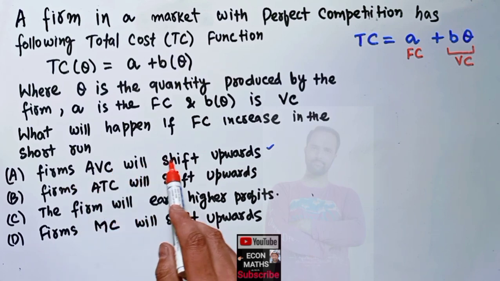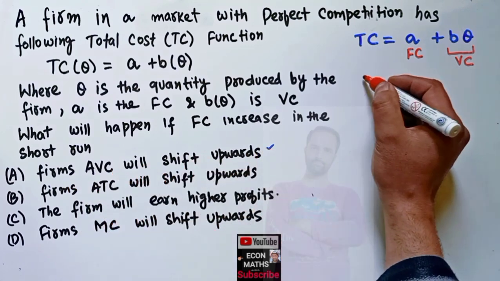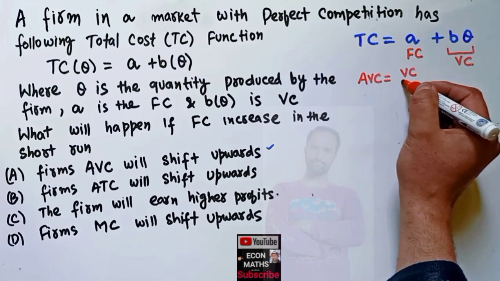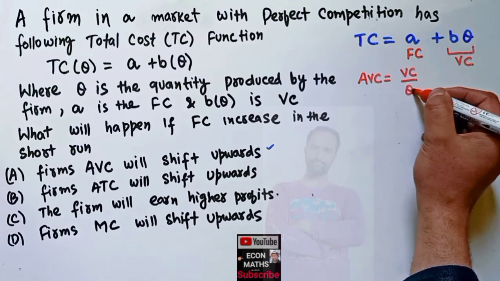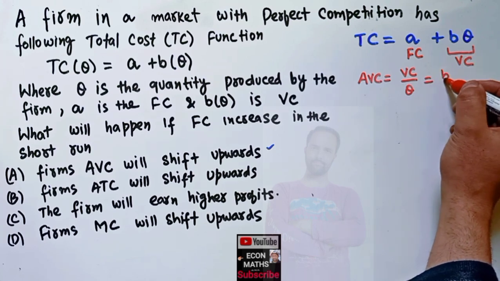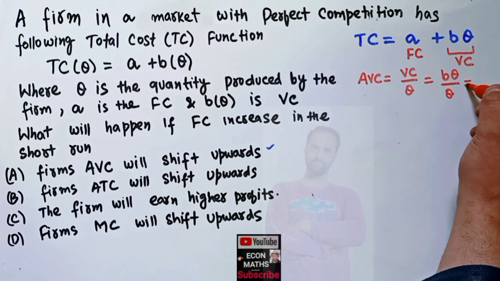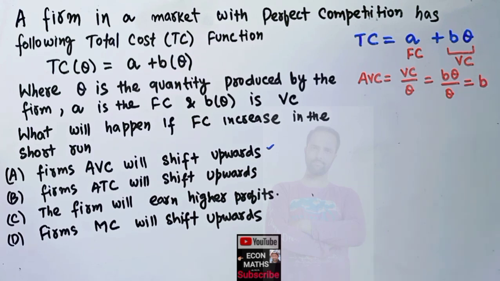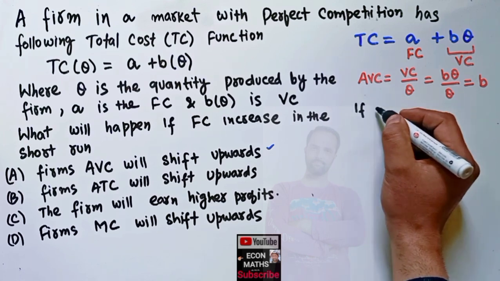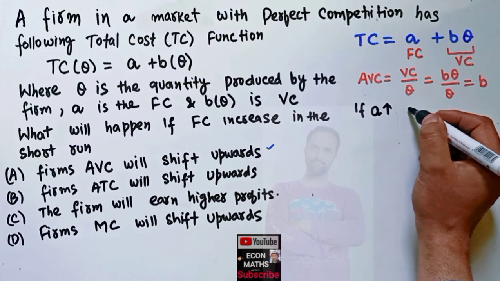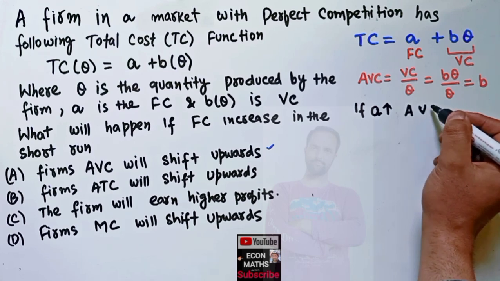Firm's average variable cost will shift upwards. What is average variable cost? Average variable cost is equal to variable cost divided by output. Variable cost is BQ upon Q, that gives us B. Now if A increases, that is if fixed cost increases, what happens to average variable cost?